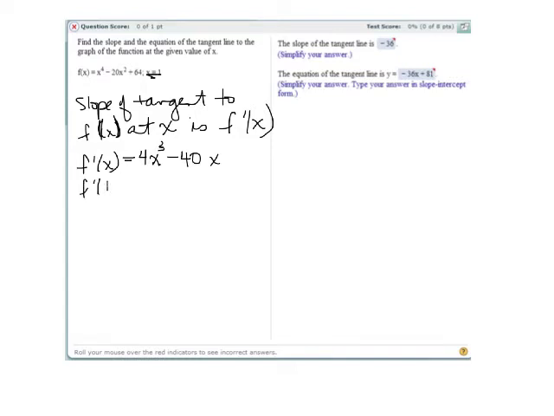So f prime at 1 is equal to 4 times 1 cubed minus 40 times 1, which is 4 minus 40, which is negative 36. So the slope of the tangent line to this function at 1 is negative 36.